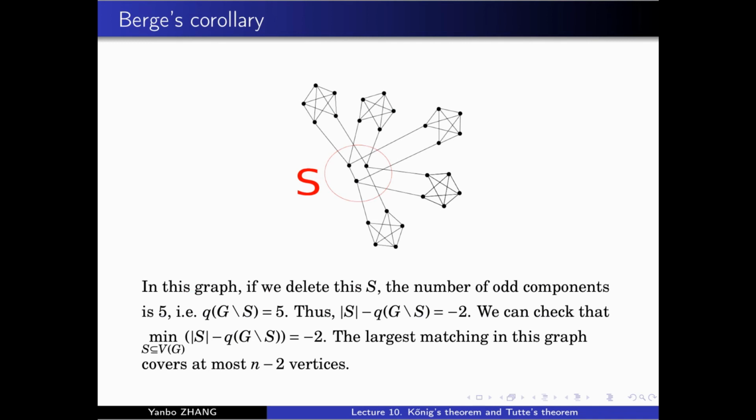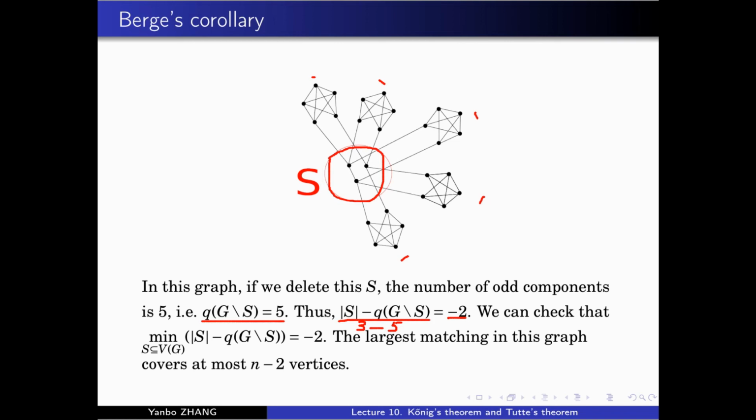Let's take an example. In this graph, let S be a subset with 3 vertices here. If we delete this S, the number of odd components is 5: 1, 2, 3, 4, 5. So Q(G minus S) equals 5. Thus, the size of S minus Q(G minus S) equals 3 minus 5, which is minus 2.